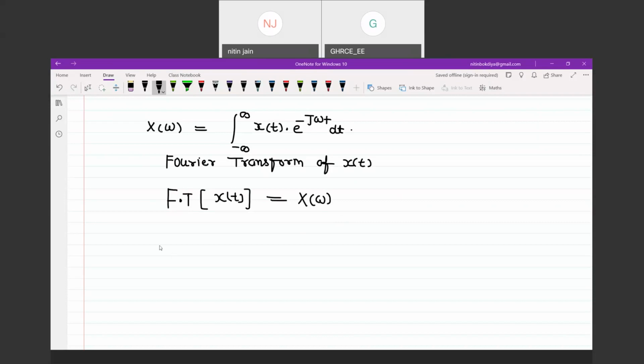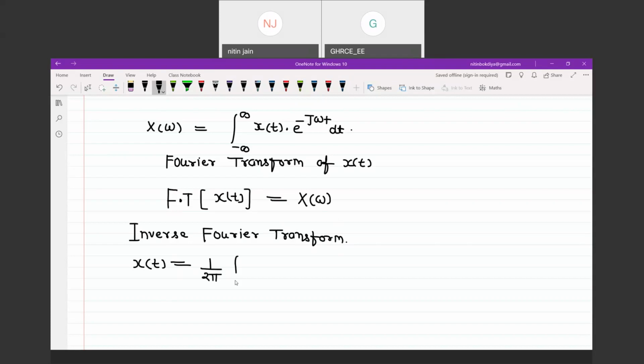And we can have one more relationship, which is the inverse Fourier transform. How do you define the inverse Fourier transform? Getting back your x of t from x of omega is known as the inverse Fourier transform.